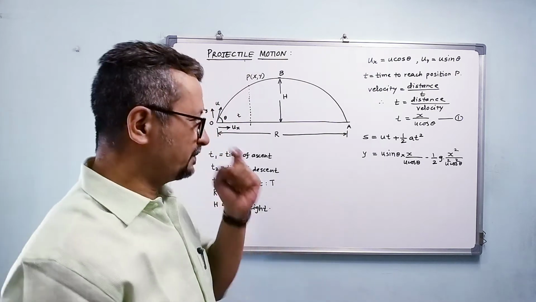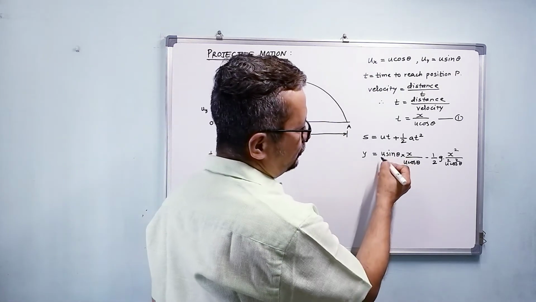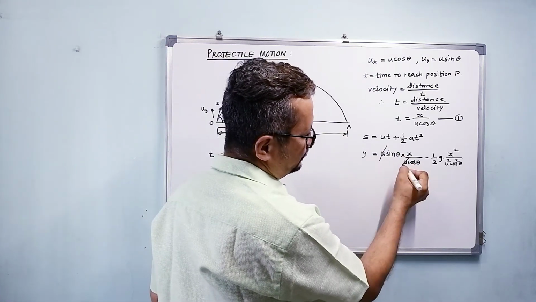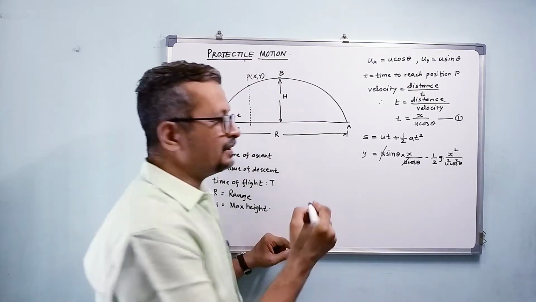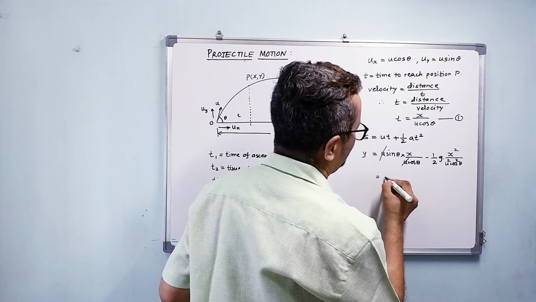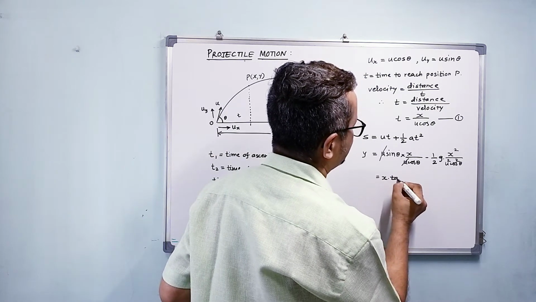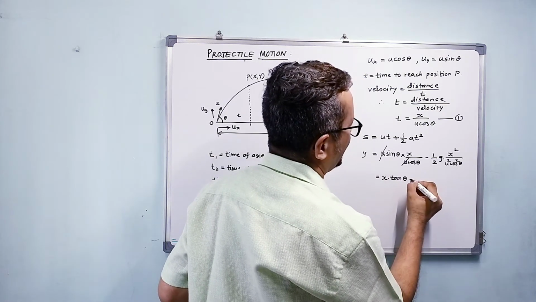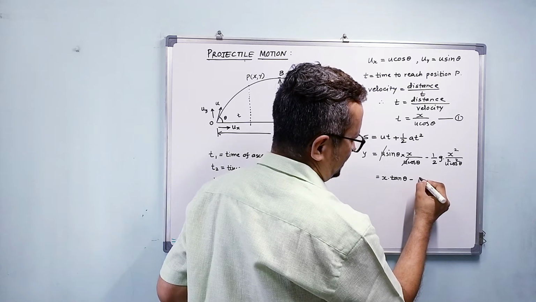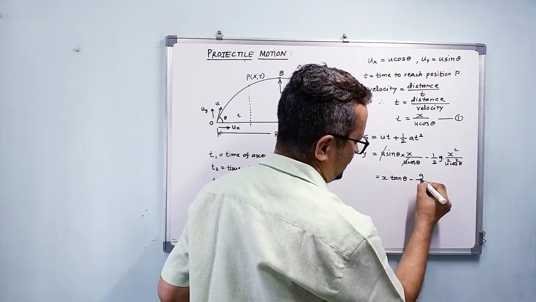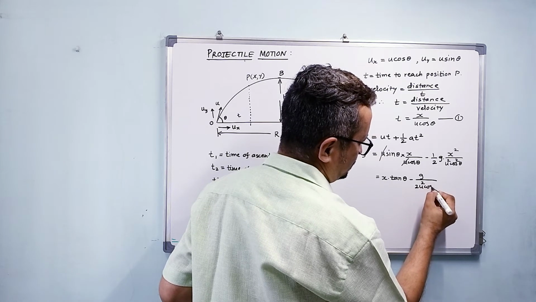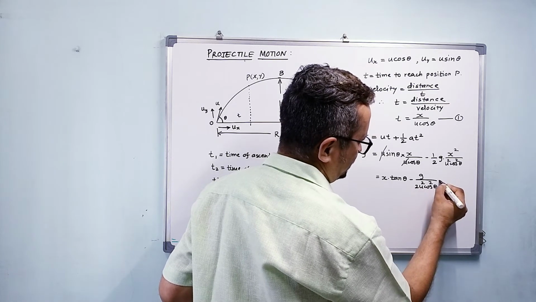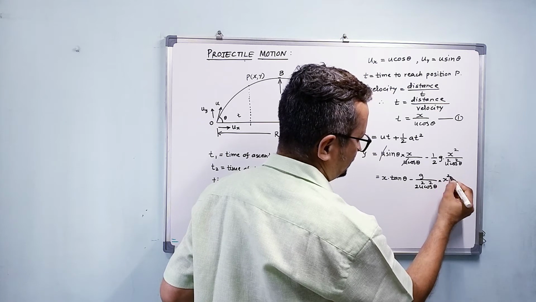Here you can cancel this u, and sin theta upon cos theta is tan theta, so it is equal to x tan theta minus g upon 2u square cos square theta into x square.